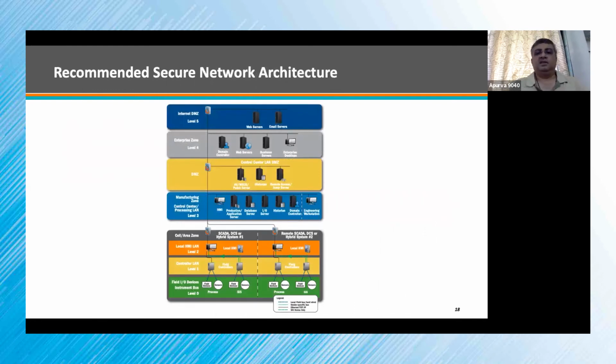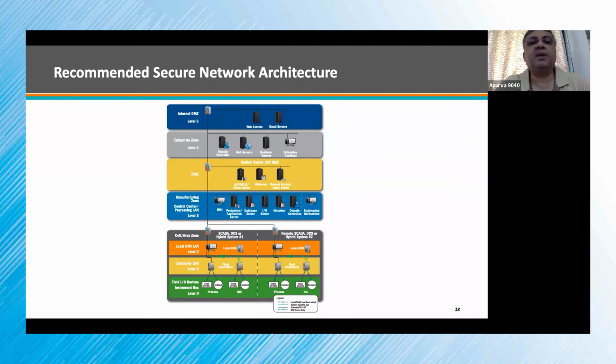So this is just a depiction. It will differ from organization to organization, but generally these guidelines are given in the Purdue model also, on how you should have a secure network architecture for your SCADA system. If you look, you have a DMZ zone where you have your web server, email server.